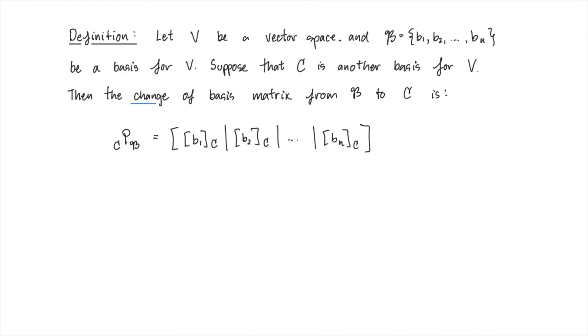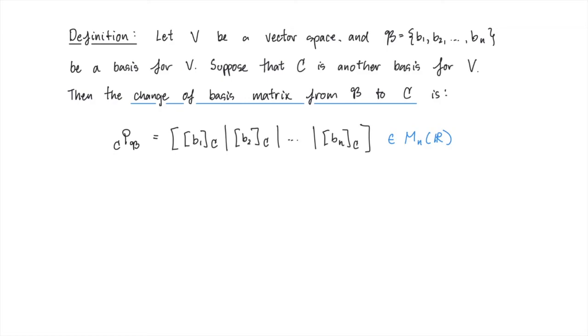Then the change of basis matrix from B to C is the real n by n matrix whose columns are the C coordinate vectors of b1, b2, all the way up to bn. We denote this with a capital P with a script B and a script C on either side. You may have seen these vertical lines before, but here they're just to separate the columns of this matrix for clarity.